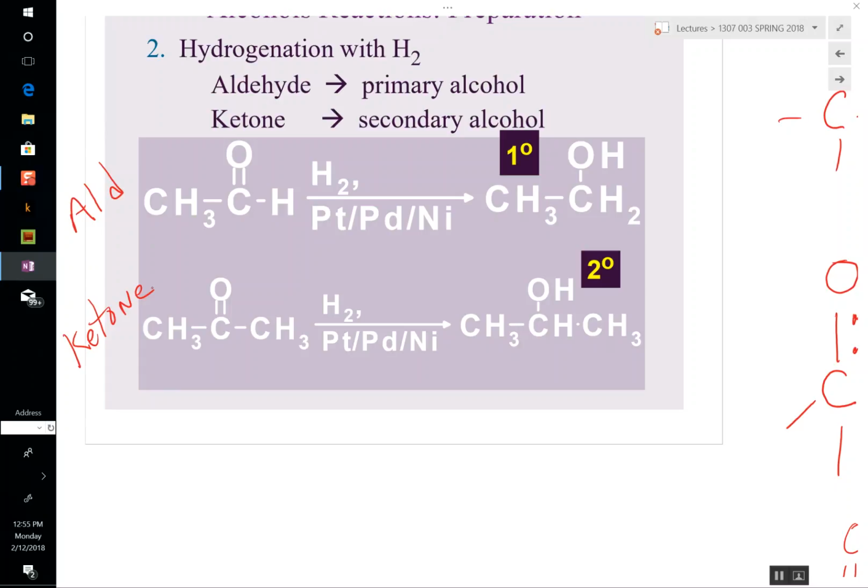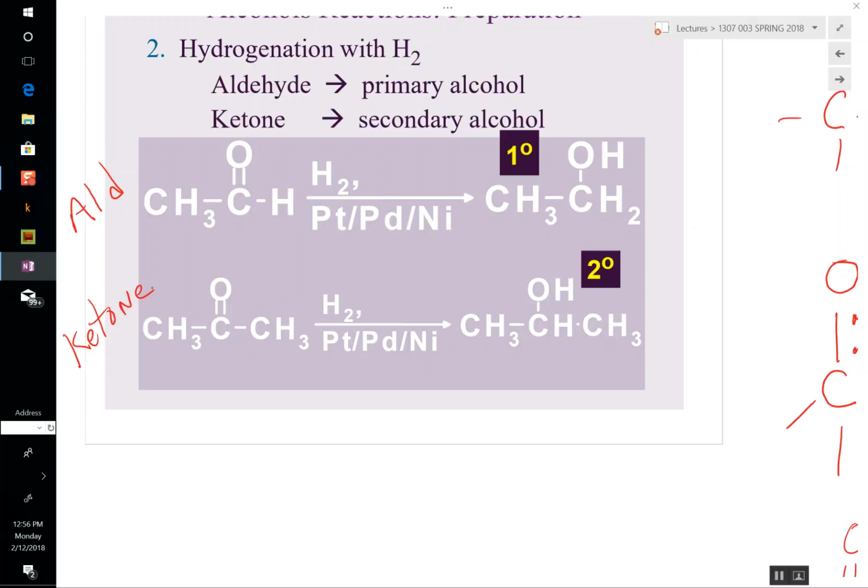Now the hydrogenation proceeds exactly the same way, but if the carbon-oxygen double bond starts out on the end, the OH ends up on the end. As a consequence, the oxygen does not move. Whatever carbon it started out on is the carbon it ends up on.